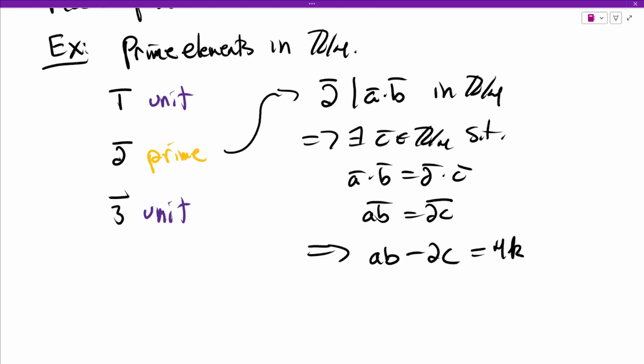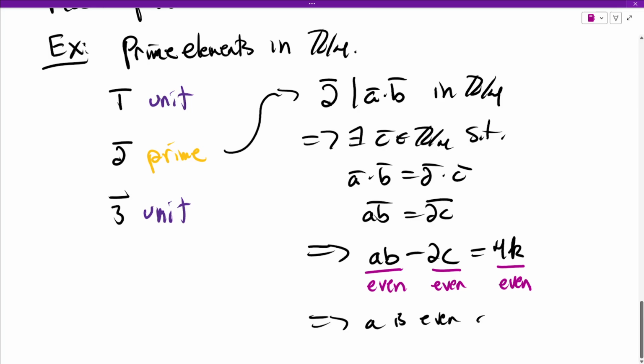Great. Now what? Well, where's my colors? Here we go. This is even. This is even. And this guy must therefore be even, because if it was odd, then odd minus even is odd. Okay, but we have a product of 2 integers, and that product is even. Well, this tells us then that either a is even or b is even.